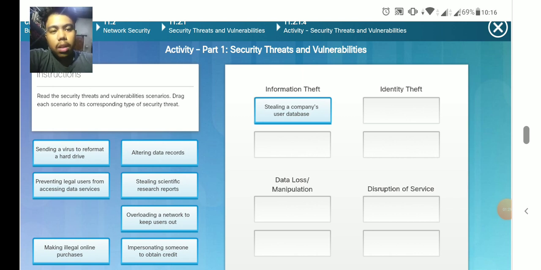Stealing a company user's database is signified as information theft because the information that came from the database is prohibited to such employees or such people, and it should be done only by the superiors or the bosses of a company.